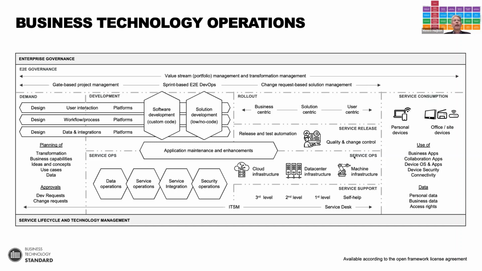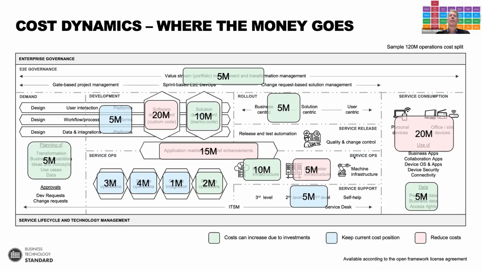And I want to just demonstrate that this is also a very good discussion and communication tool, because here's an example where the business technology costs have been allocated to those different areas. And then by using color codes, you can of course say that the green ones can be increased because we need to invest more in value streams and transformation capabilities, and we need to get more low-code solutions in-house.